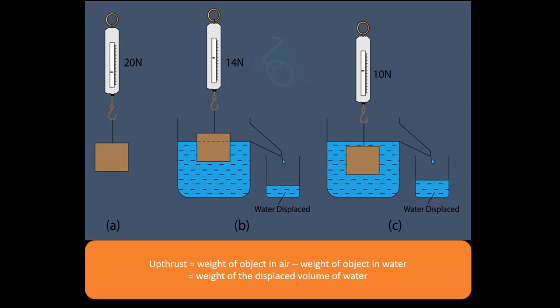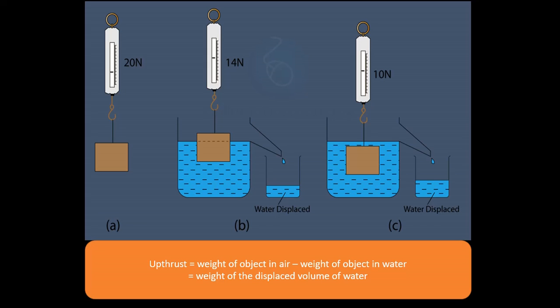Why? Because water has a certain upward force, and this force is pushing the object upward, so it decreases the weight, as if it's lifting the object together with you or with the scale, right?